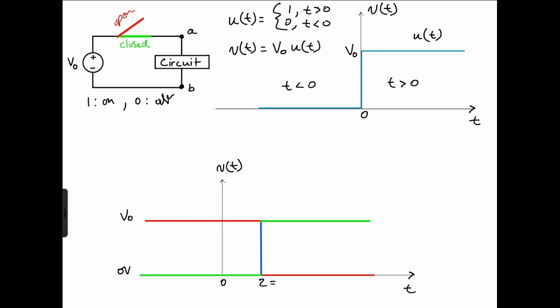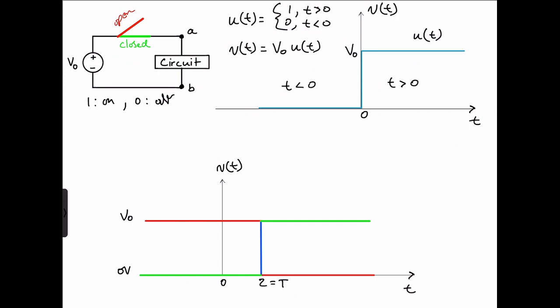And 2 seconds will be equal to capital T, because we already have the lowercase t describing the time axis, or time in general. So capital T will be some instance in time. We can mathematically describe the switching action using our mathematical expression.